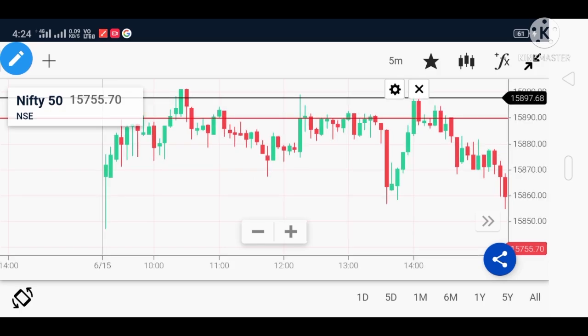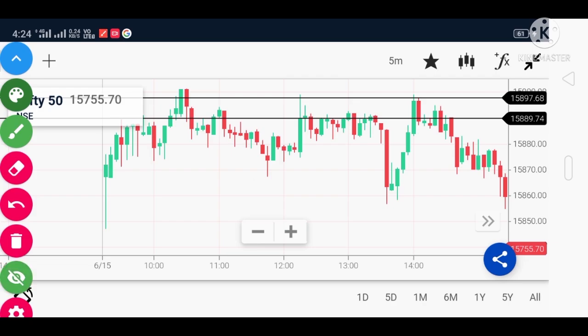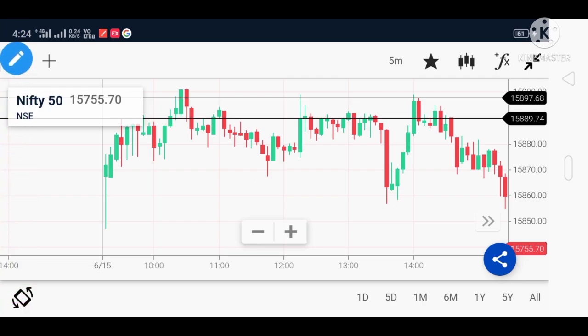So see, the market view said it is bearish, right? So if the market view is saying the market is bearish, this is our past day's closing, and we will keep all the lines below this.